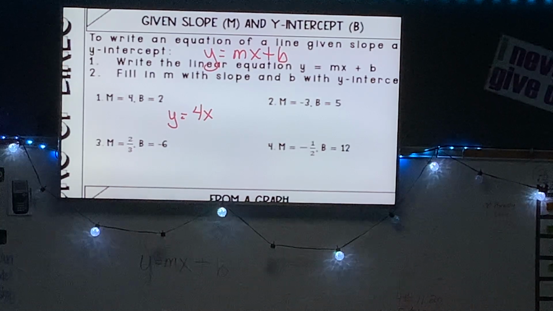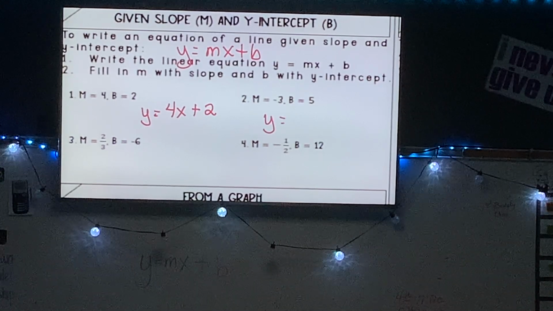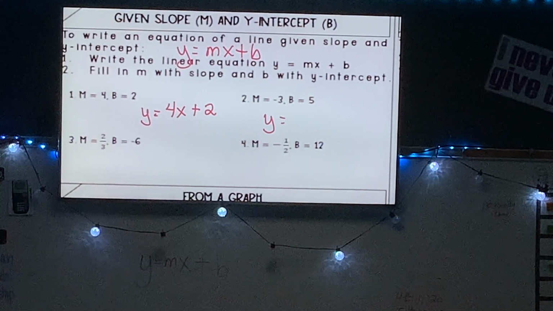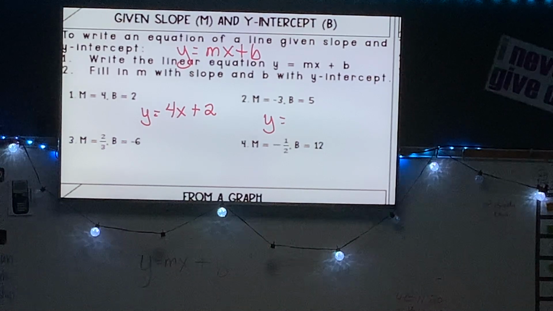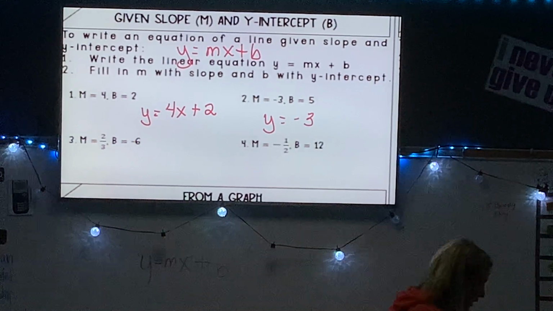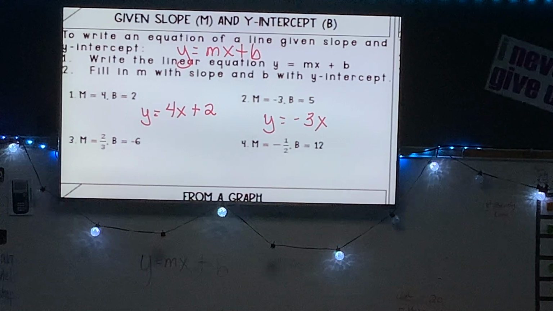And it says my y-intercept is 2, so I put +2. Okay, number 2. My slope is -3. I have to put an x behind my slope.